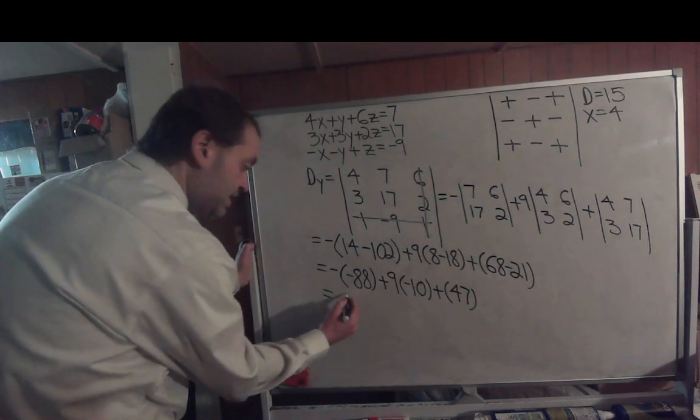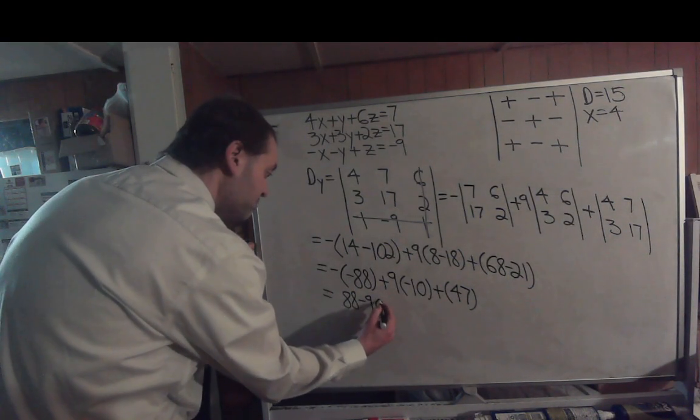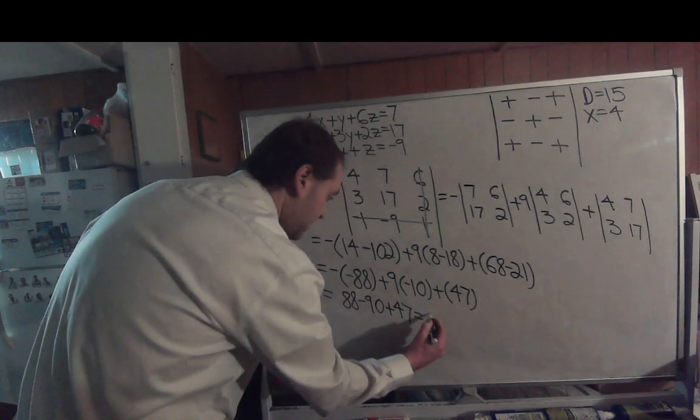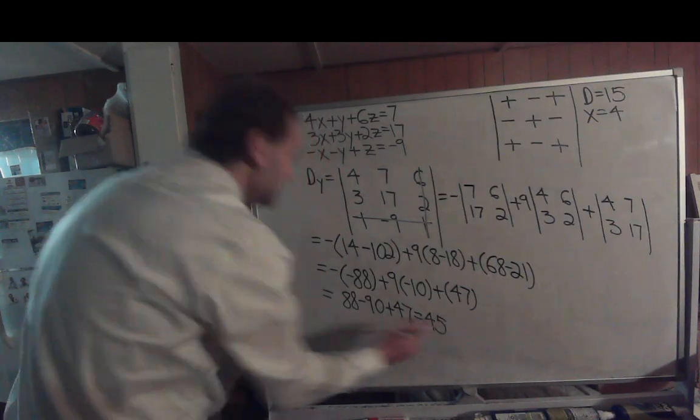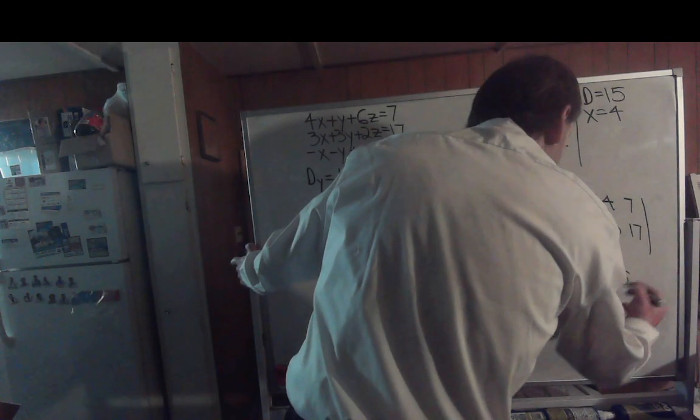So what you get is 88 minus 90 plus 47, which would turn into 45. So d sub y is 45. So that means now y is equal to d sub y divided by d. D sub y is 45. D itself is 15. So 45 divided by 15 is 3. So y is equal to 3.